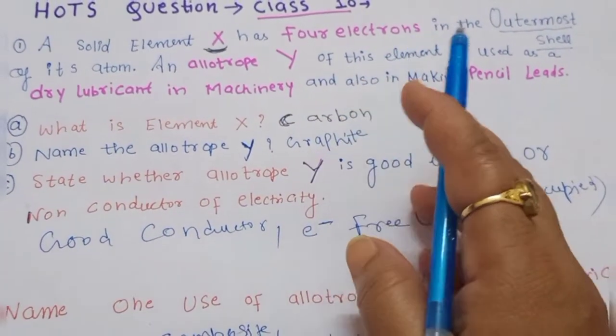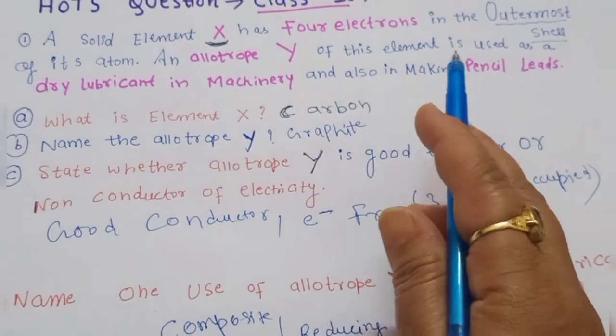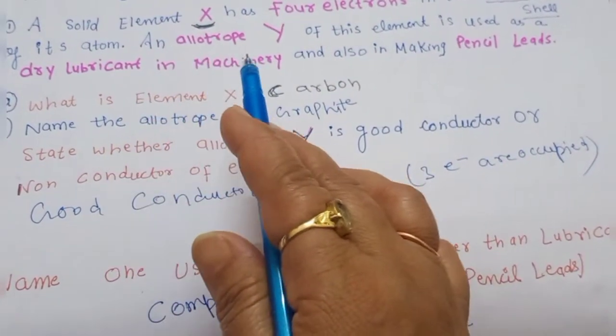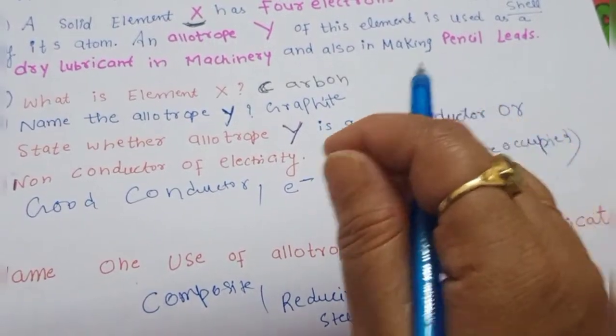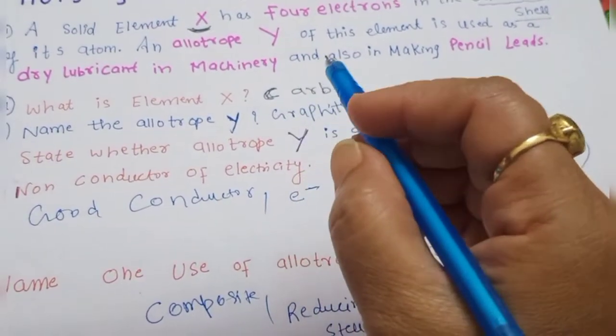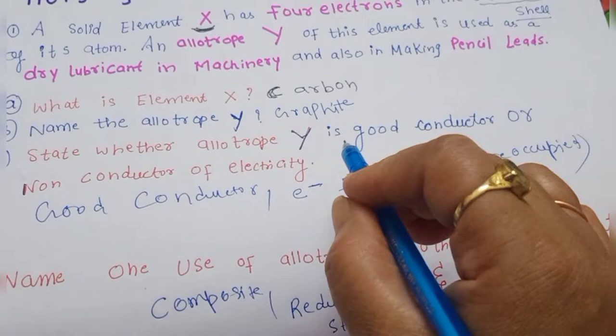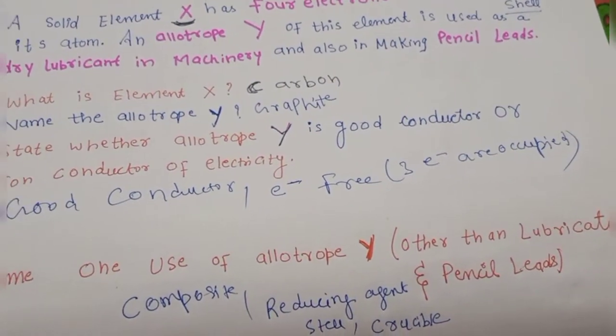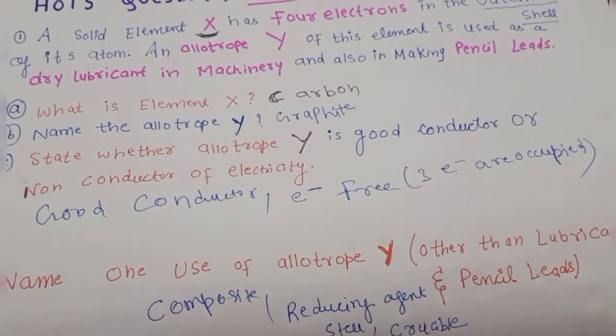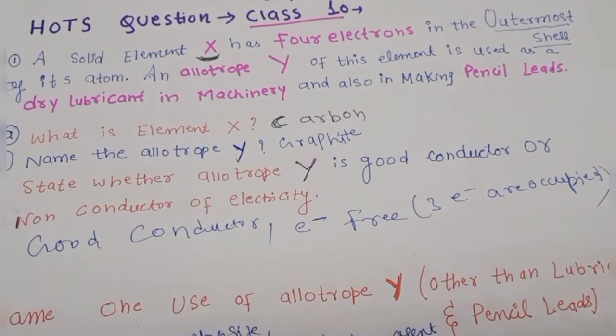Now, an allotrope Y of the element is used as a dry lubricant in machinery and also in pencil leads. As we have heard many times, carbon has 3 allotropes: diamond, graphite and fullerene. So graphite is the answer for allotrope Y. Next, state whether allotrope Y is a good conductor of electricity or a non-conductor.